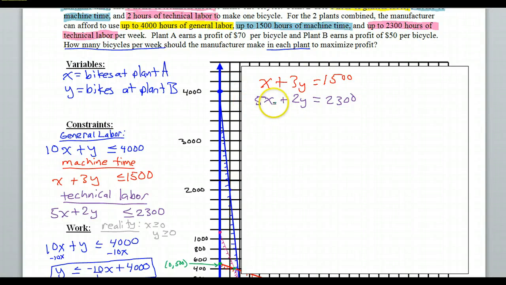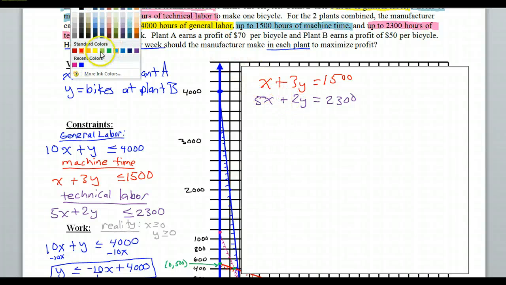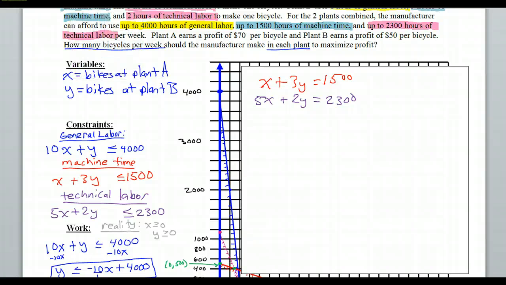So what we need to do is do substitution or elimination to find out where these two lines actually meet. I propose elimination method because of the way they're all stacked up. So this is positive 5x, for example. If I could make this into a negative 5x, I would be golden. So I'm going to multiply the top equation by negative 5.